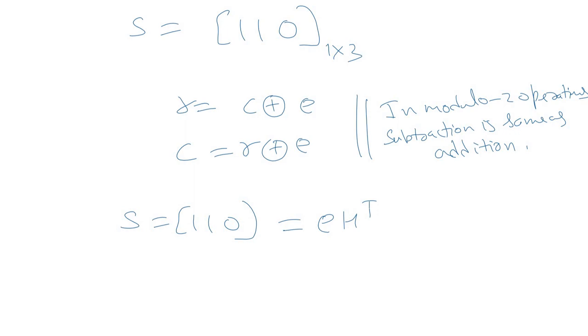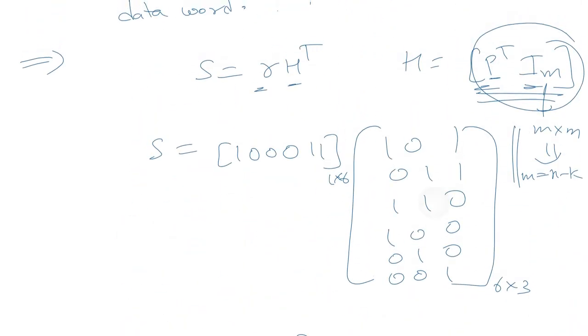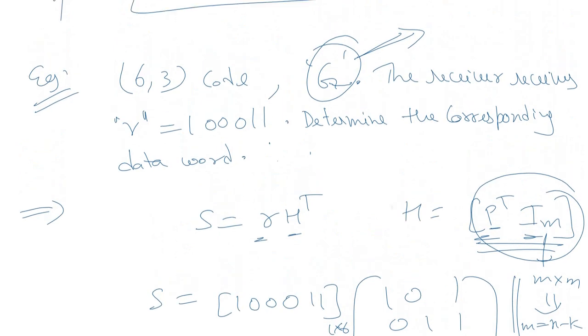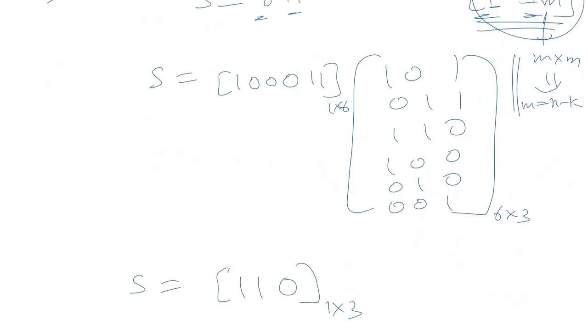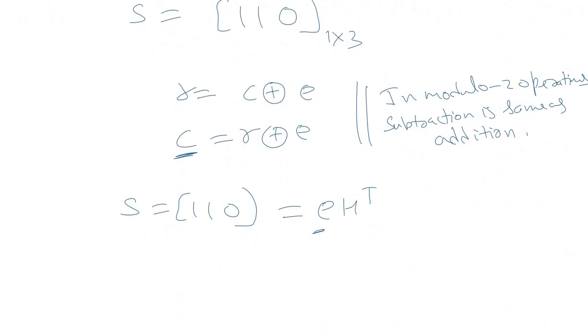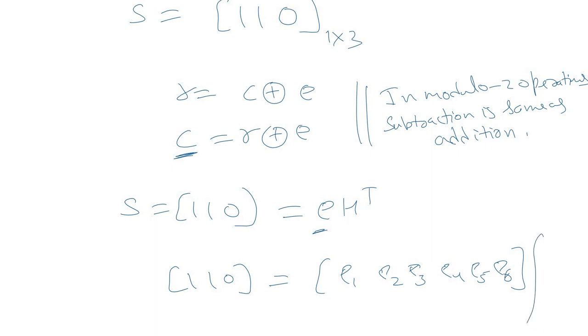We know that this C is a 1 cross 6 word, right? C is a 6-digit code word. So this error vector will also be a 6-digit error word. So we can say that this 1 1 0 is equal to E1, E2, E3, E4, E5, E6, the 6-digit error word, multiplied by H transpose.